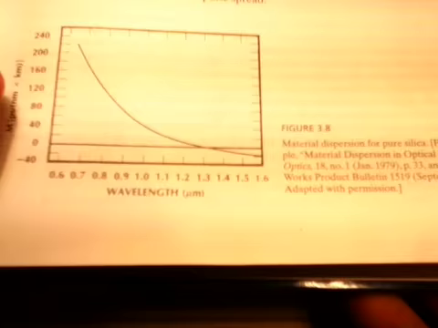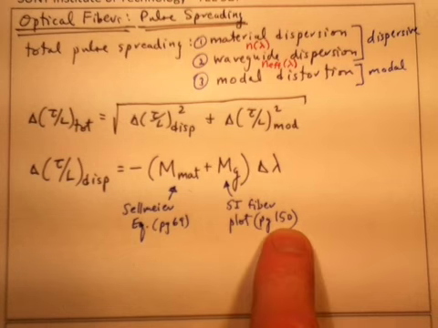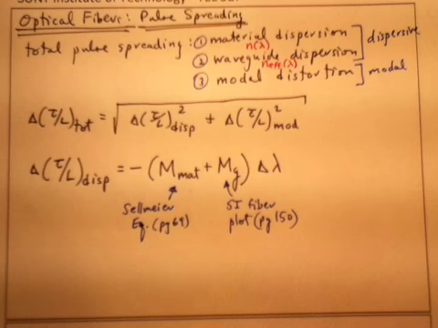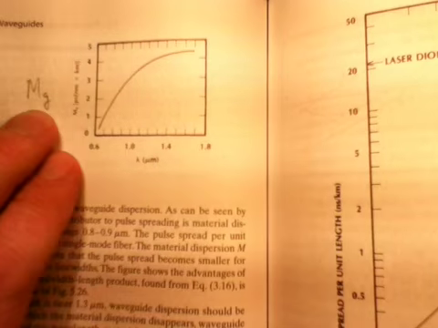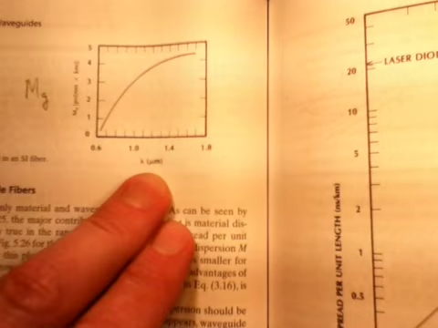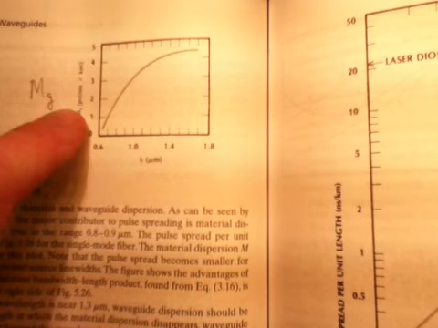The waveguide dispersion, on the other hand, depends on the type of waveguide, but for a step index it is shown on page 150, a plot, and you can see it's much smaller than the material. And so here is a plot showing the waveguide dispersion versus lambda, again in microns, and showing the range here is from 0 to 5. So you can see this is much smaller.